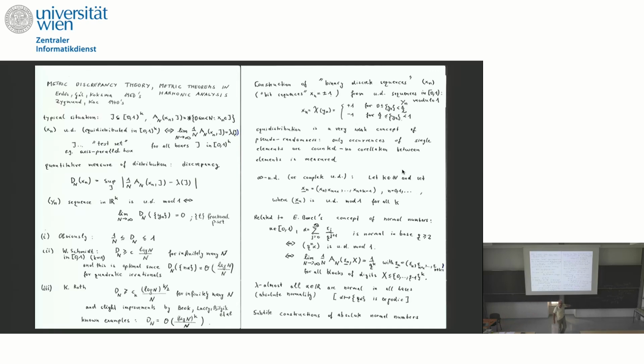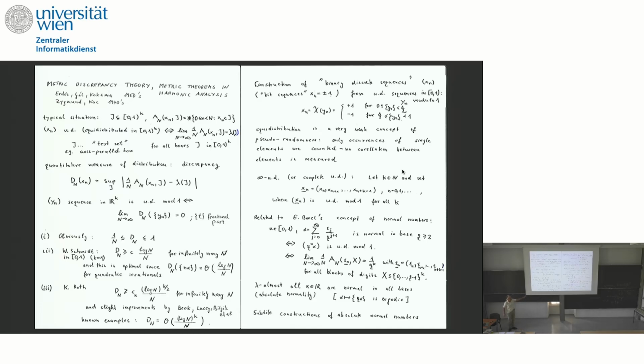But if you want to construct a number which is normal, one and the same number, which is normal in any base, this is much more subtle. And this can also be done, but this is beyond the simple exercise problem. And in the next lecture, Veronica maybe addresses this problem.